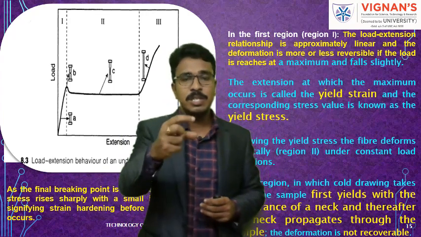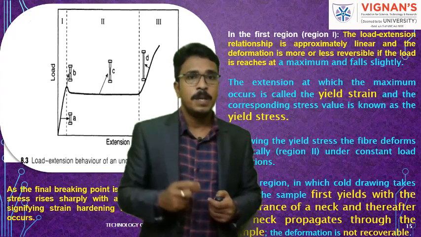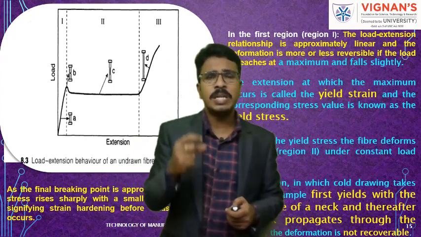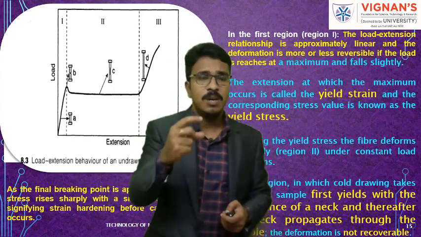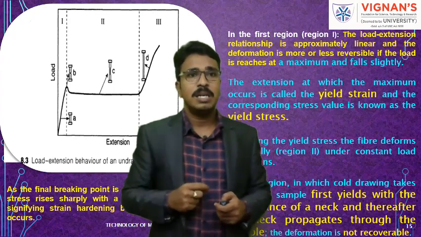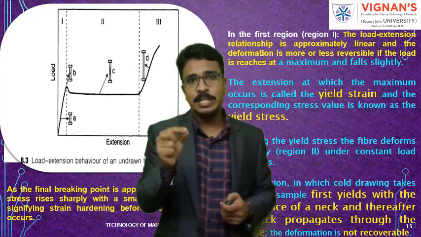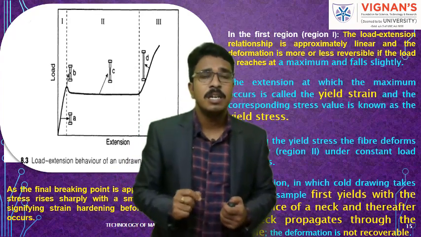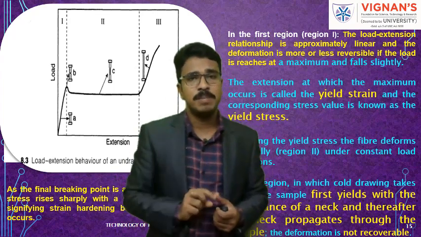So if you look at the first, second and third regions, in the first region you can observe the A. That is a small diagram which indicates the letter A, and it shows the normal filament.